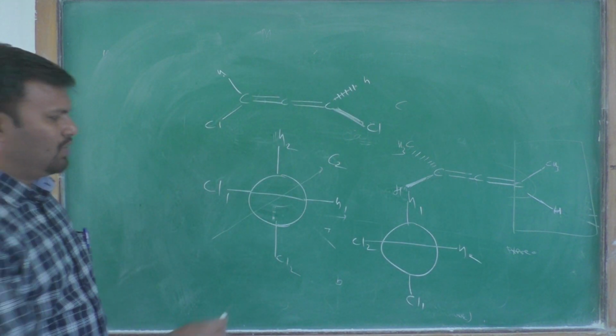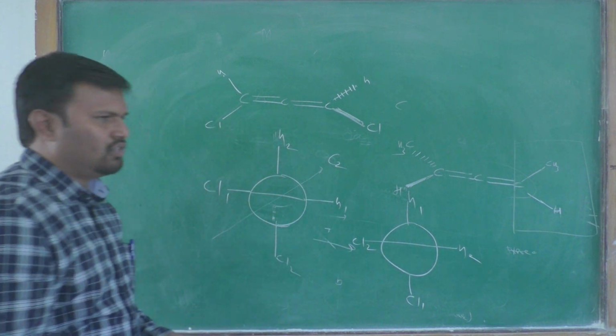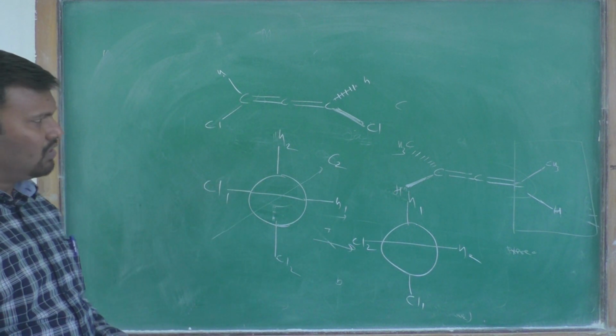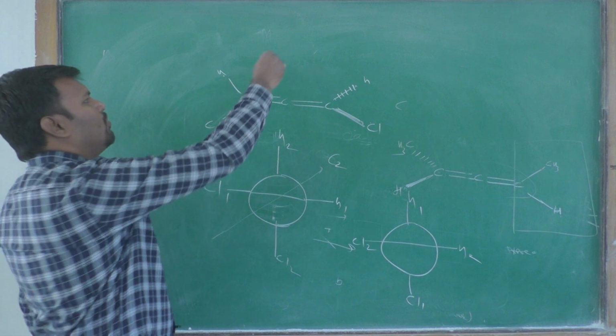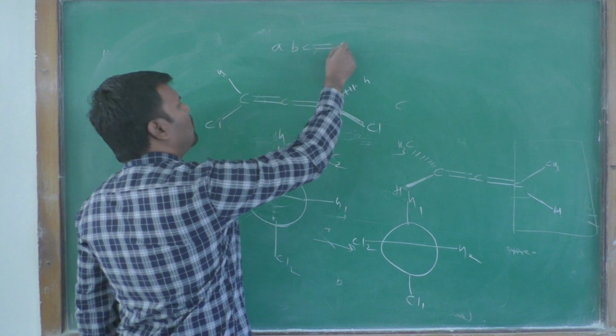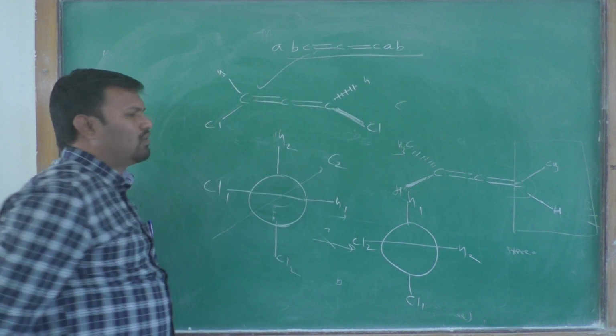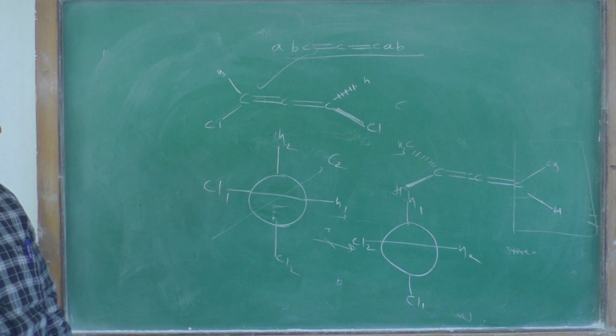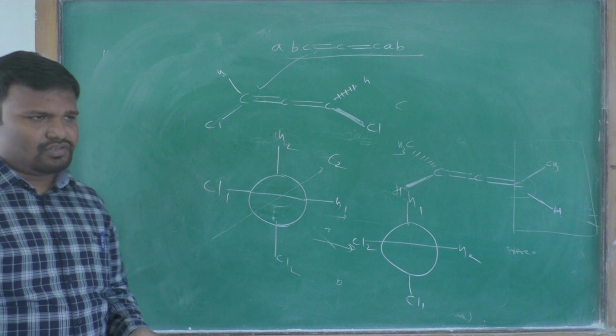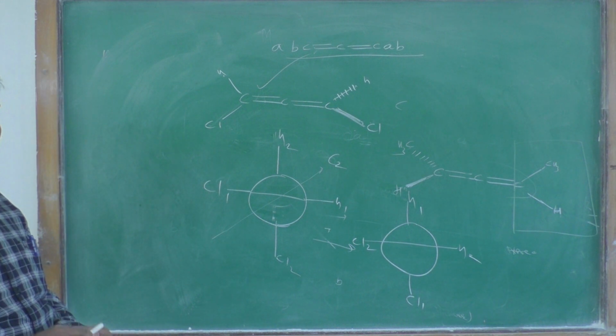Like that you obtain the equivalent orientation. The C2 axis of symmetry is present in allenes when your compound is of the type AB C double bond C double bond C AB. Such a compound shows the C2 type of axis of symmetry.